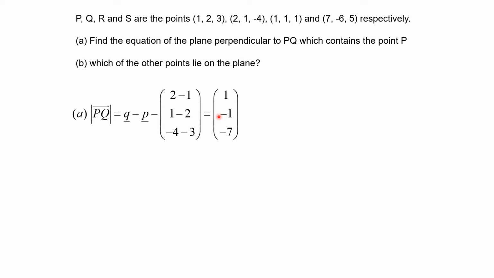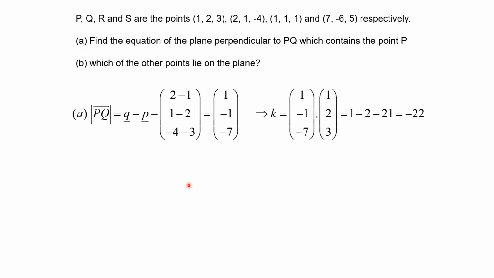Here it is clearly stated it is point P. Therefore, you consider point P for the K calculation. Recap, K is always the dot product of the normal vector to the plane, which we have obtained just now, (1, -1, -7), and the point that the plane goes through, which is clearly stated here as point P.